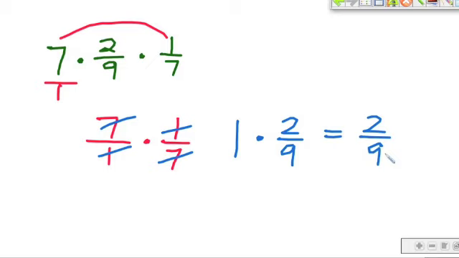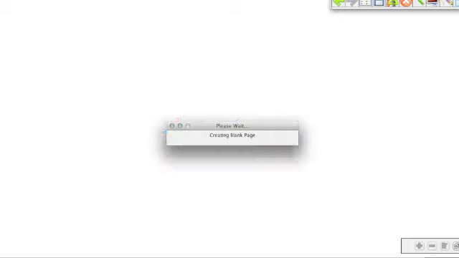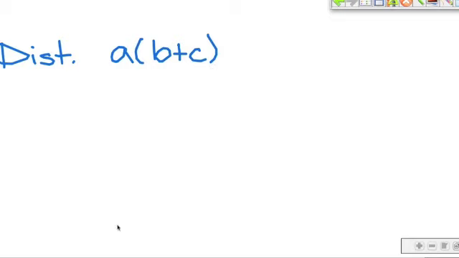Okay, the next property I want to talk to you about is distributive property. Distributive property is where you take a number and you distribute it to everything on the inside. So you have A times B plus C, and this number on the outside goes to everything on the inside. So it's A times B, which will be AB, plus A times C, which would be AC.